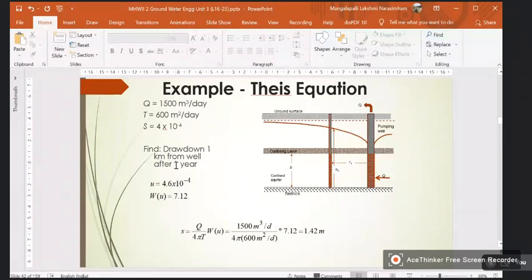So here the assumption involved is the pumping is continued for a period of that 1 year. Otherwise, there is no meaning.